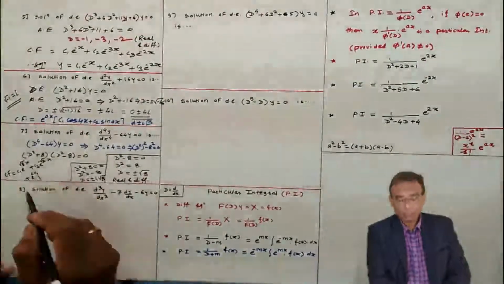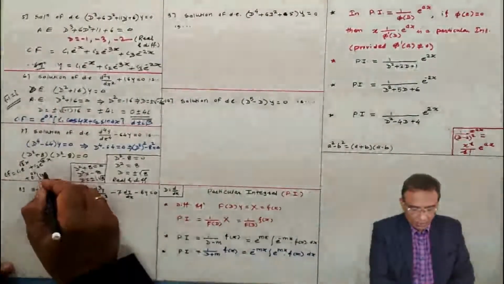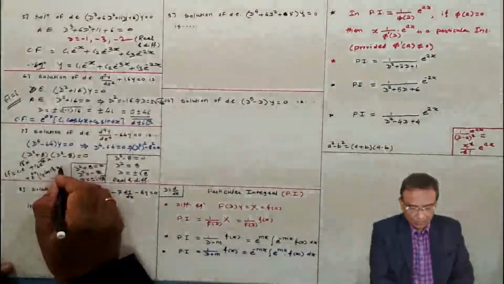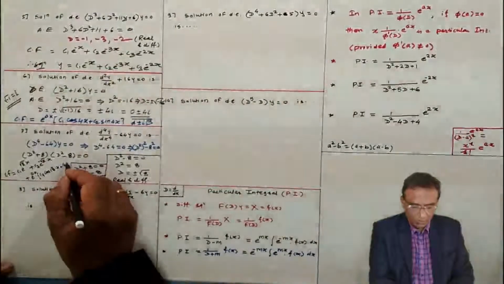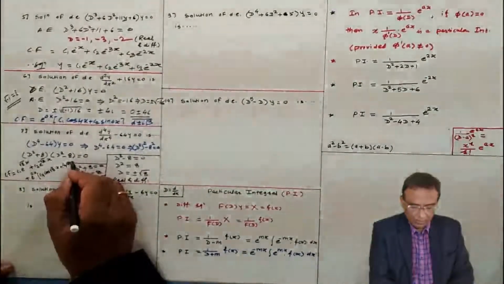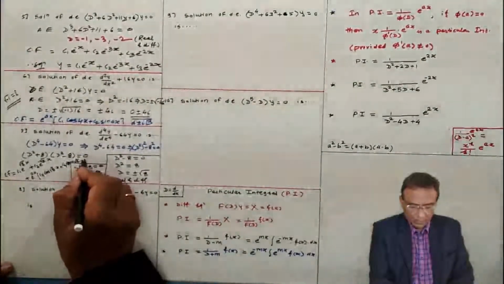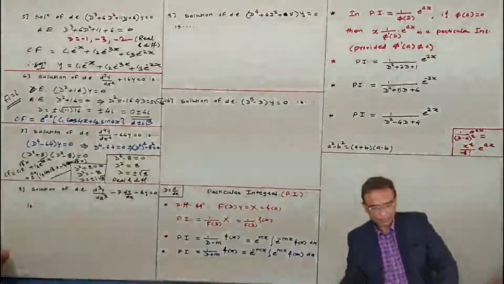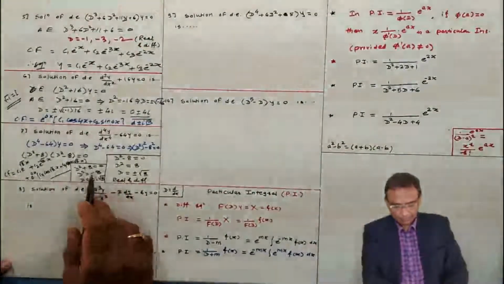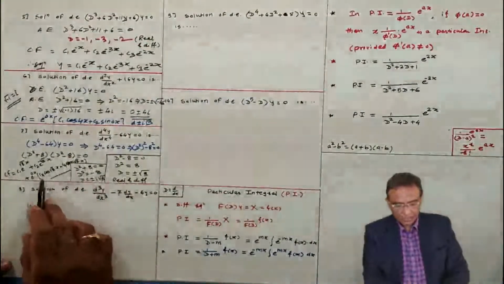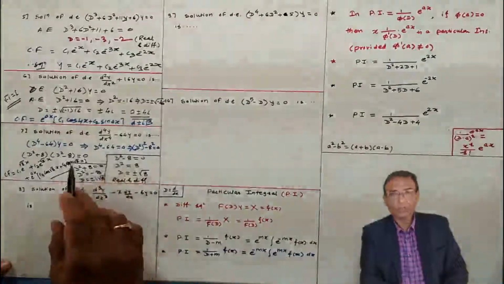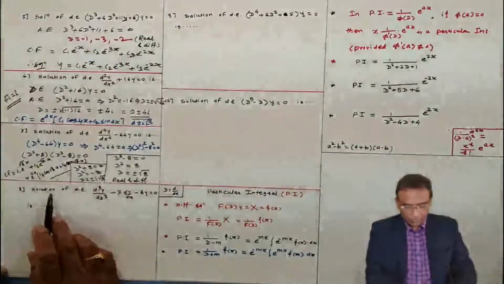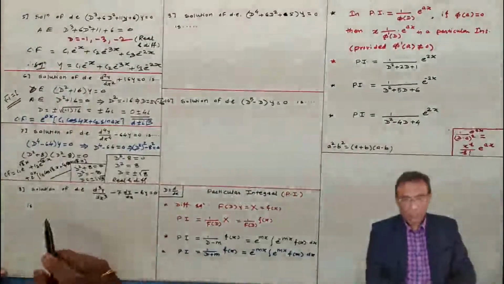Now c1, c2 we have already used, so c3 cos root 8x plus c4 sin root 8x. Okay, this is the complementary factor. Due to space constraint, I have written this. You try to solve it on your own once again and check whether it is correct or not.